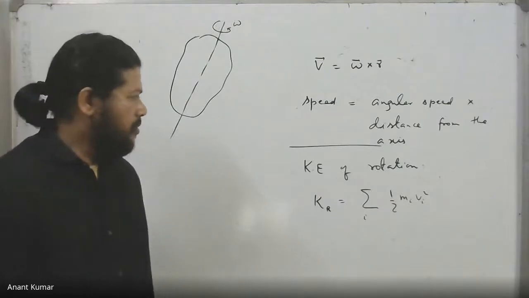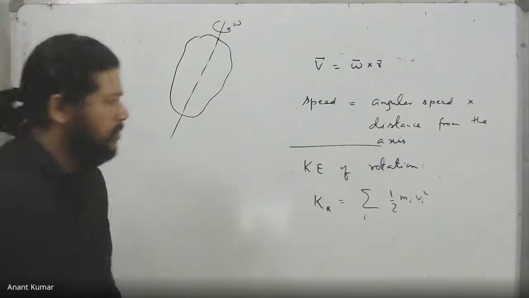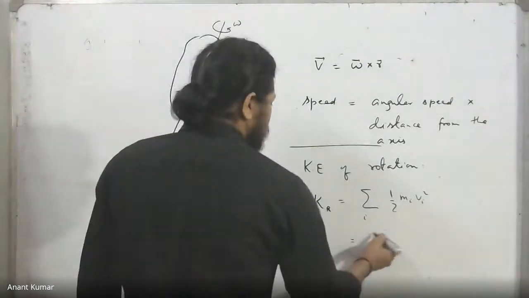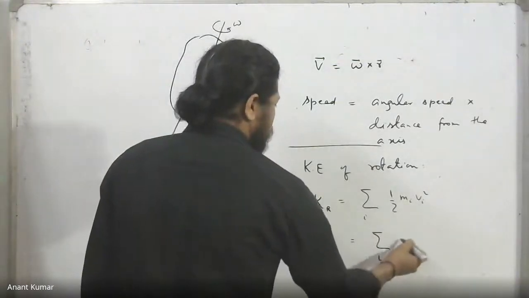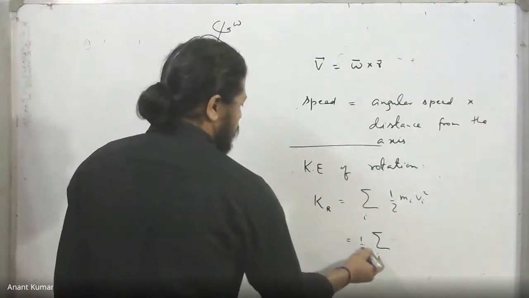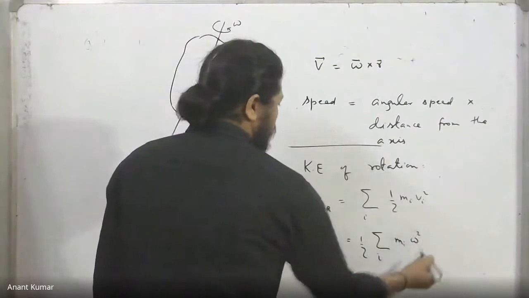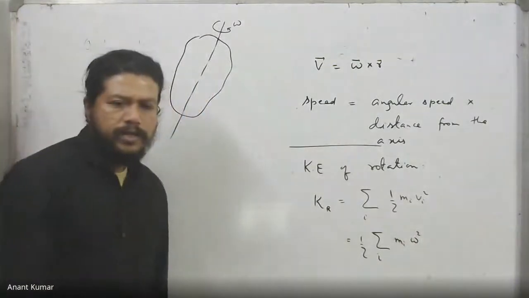Now what I'm going to do is write down vi as omega into the distance from the axis. Half is just a constant, pull it out of the summation.